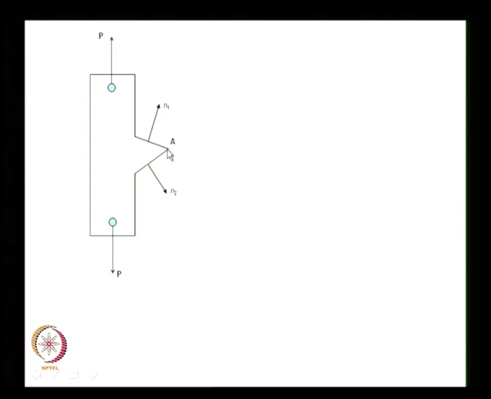I would like to know what the stress magnitudes are at the sharp corner A. Can anybody say? When I have a sharp corner like this, suppose instead of this corner I have a corner which is like this, I have a cutout here, then it acts like a V notch and you have singularity at the crack tip, at the angle and so on, you call that a re-entrant corner.